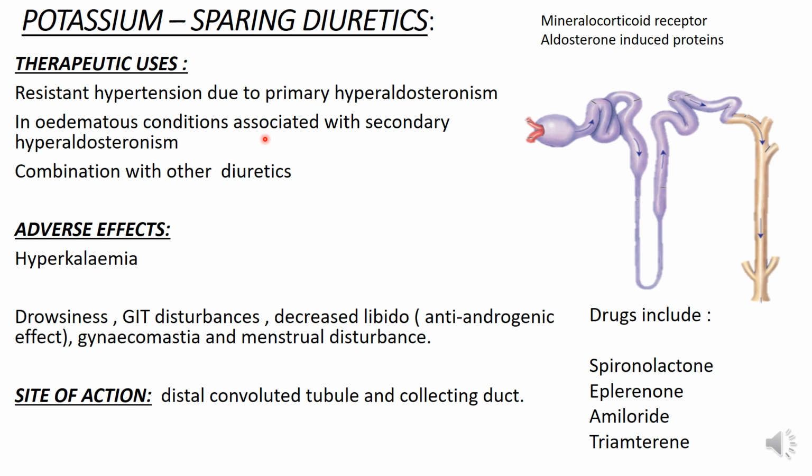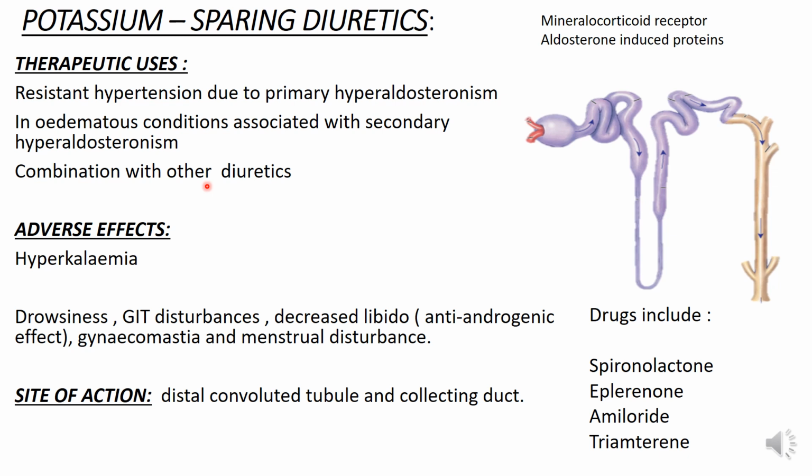Now I think I talked before about how they are given in combination with other diuretics, for example thiazide diuretics and loop diuretics. With these diuretics there is loss of potassium. So in order to prevent that loss of potassium in a hypokalemic patient, the potassium sparing diuretics are given, right?